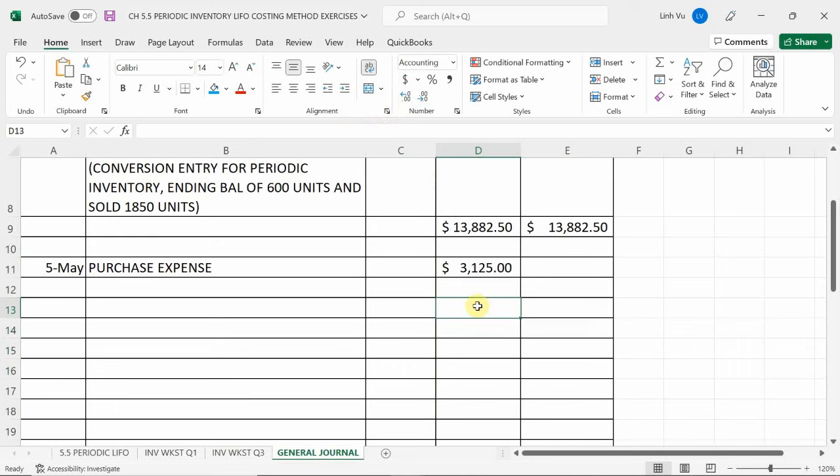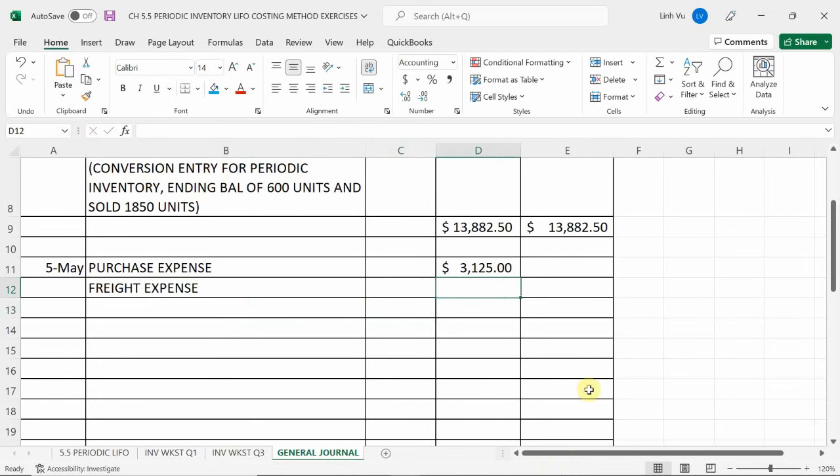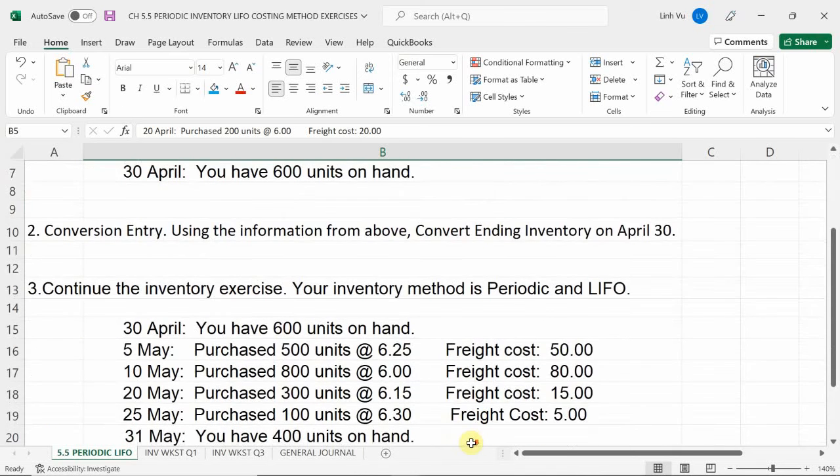The freight expense. You need to have a freight expense. Good. So the freight expense was, I believe, $50.